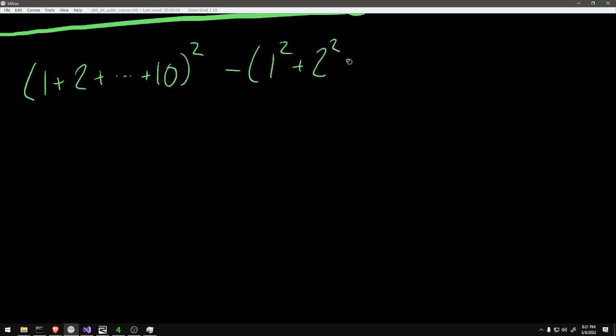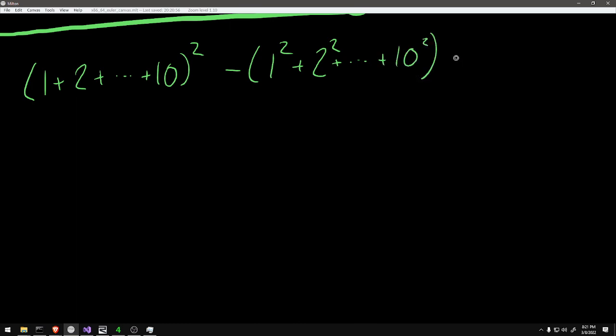So what we have here is, I'm going to write down these as functions. One of them is, let's see, 1 plus 2 plus dot dot dot plus 10, squared. The other one is 1 squared plus 2 squared dot dot dot plus 10 squared.